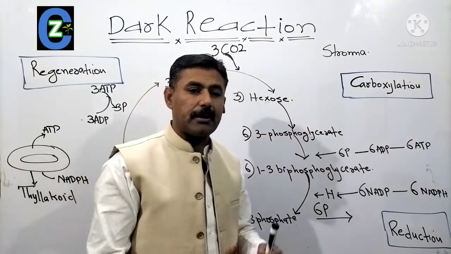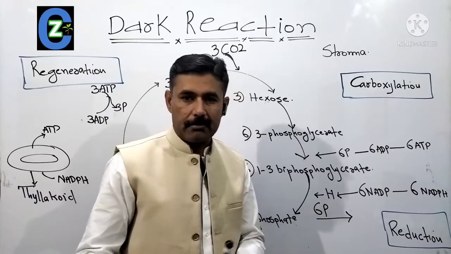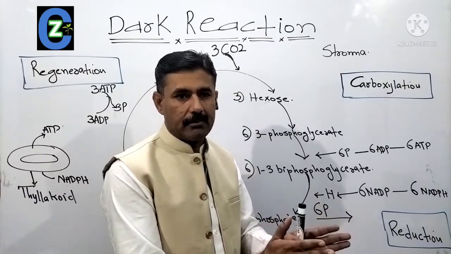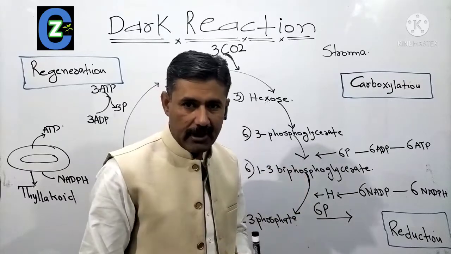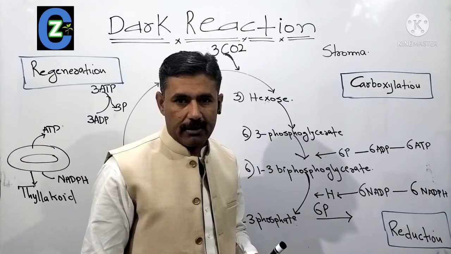This is because we have to remove at least 3 carbons, incorporated in the simplest organic form, and as we have studied, carbohydrates can exist in the simplest form, which is the triose form.